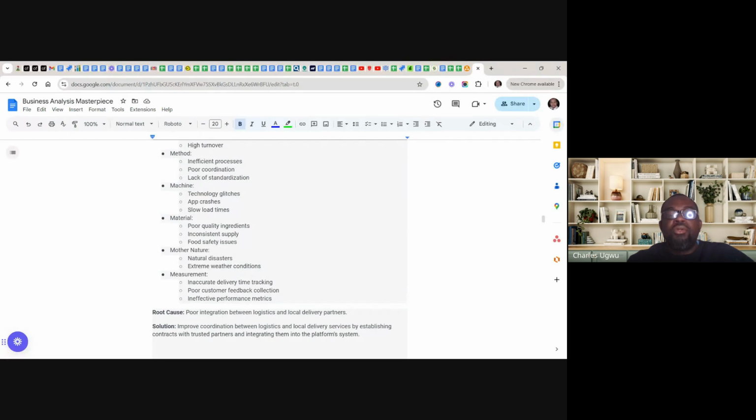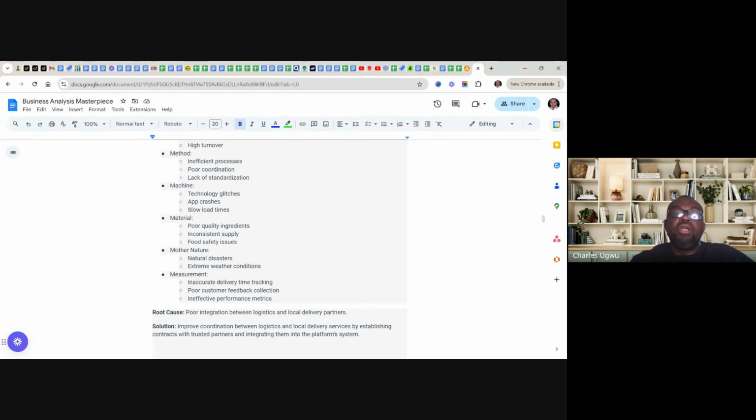So looking at this, after a thorough brainstorming, you find out that the problem cannot be far from all these items listed here. The problem must be buried within this.